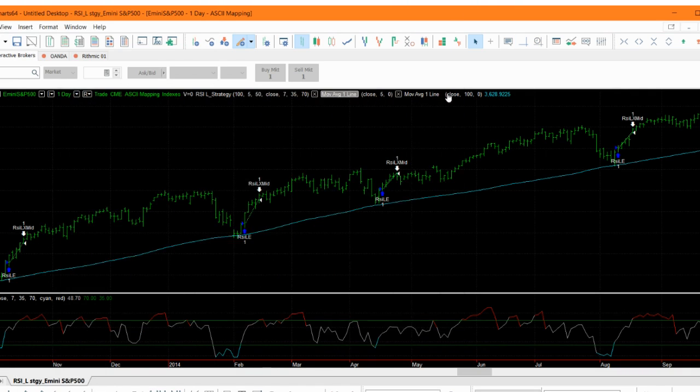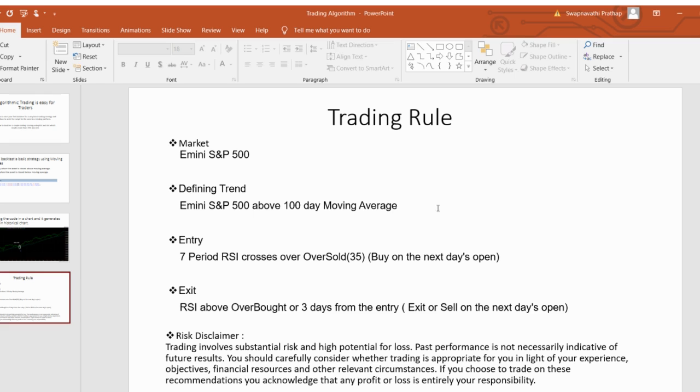These are the statistics, and it works well on the E-mini S&P 500. It can be further improved when you modify the strategy, and it increases to more than 80% win rates as well.